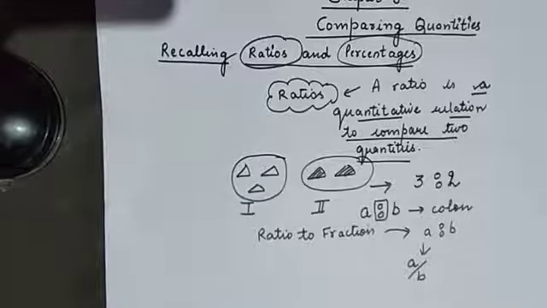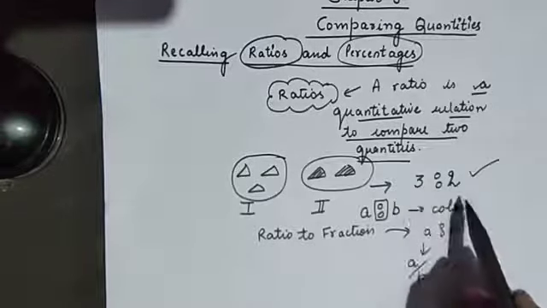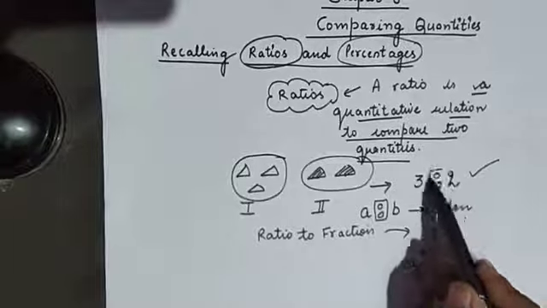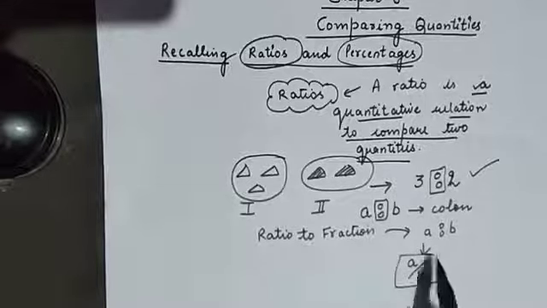A ratio is a quantitative relation to compare two quantities. Whenever you write a ratio, you always use the sign of colon, and whenever you change your ratio to a fraction, you use A upon B.